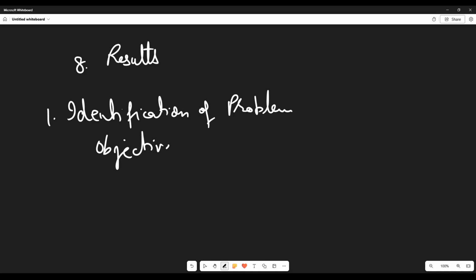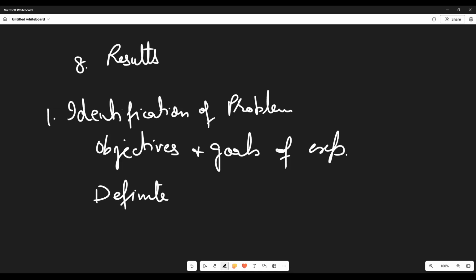So a problem tells us about the objectives and goals of the experiment. A research problem is a definite or clear statement about an area of concern. Identification of the problem makes it possible to move on to the later stages.